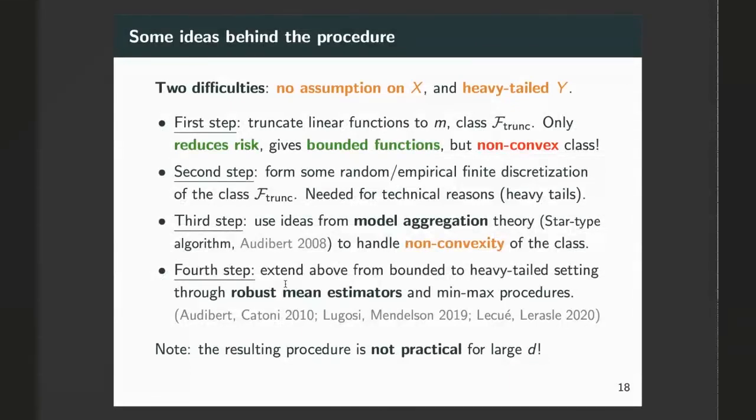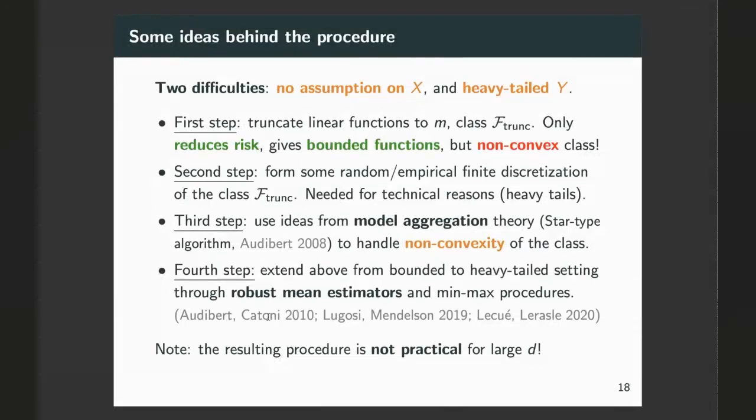The reason is that it's at least harder than the problem of finding a separating hyperplane of a cloud of points, a natural problem in classification, which is also known to be hard. So even doing ERM, which is much simpler than what we do on the truncated linear class, is NP-hard.